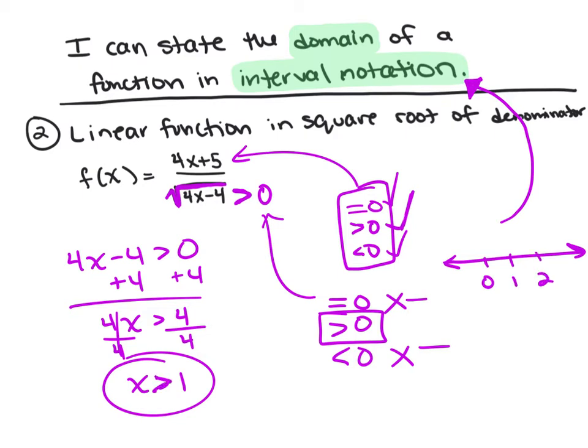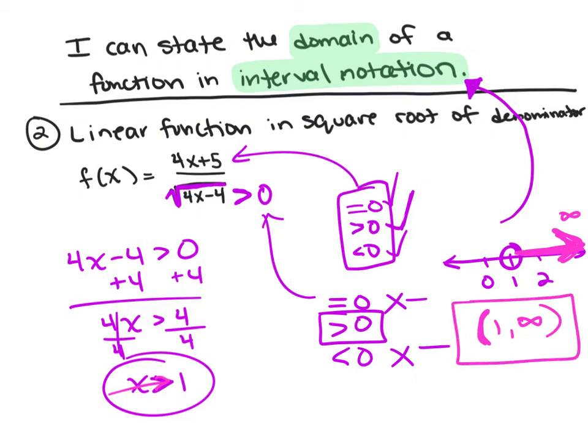We're greater than 1, so open circle, and this arrowhead is pointing to the right, so we shade to the right. I'm looking at all the values of x that are bigger than 1. I'm not including 1, so it gets the parenthesis, and I'm going towards infinity. So that is my final answer in interval notation.